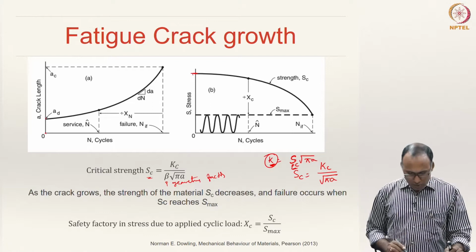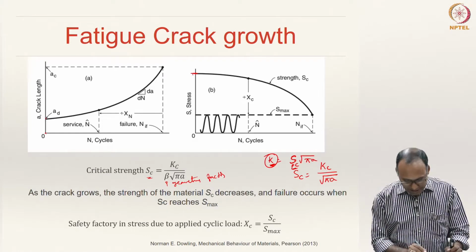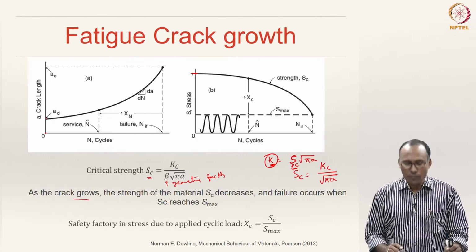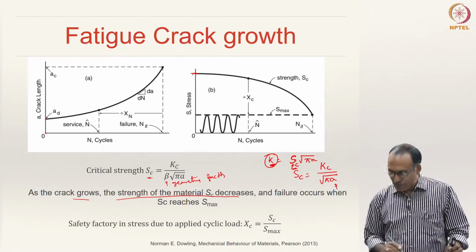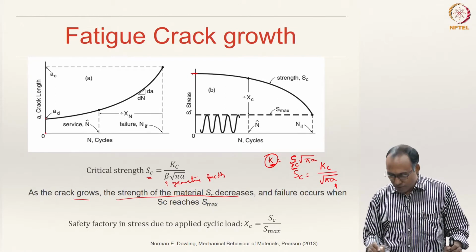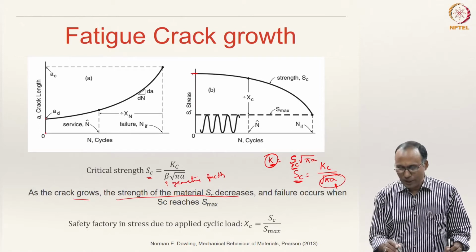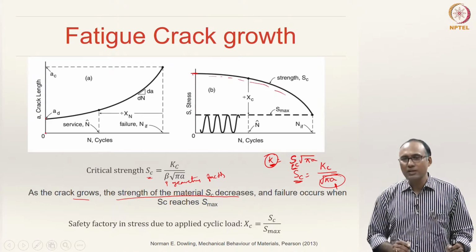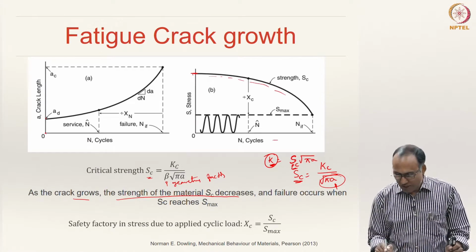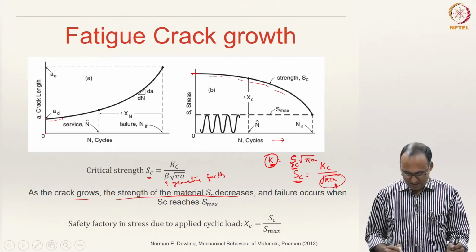Now as the crack grows, we know that the strength of the material Sc decreases, as you can see from here. As the length of the crack is increasing, Sc reduces because the crack length is in the denominator. This graph shows the reduction in strength as the number of cycles increases, because as the number of cycles increases, your crack length is increasing.